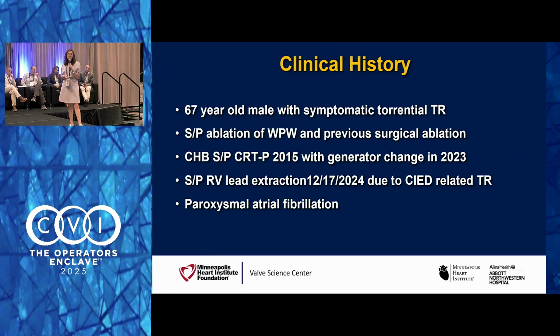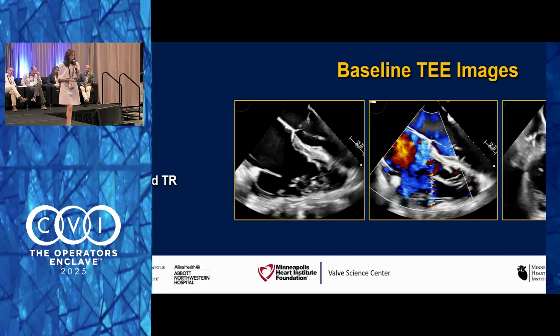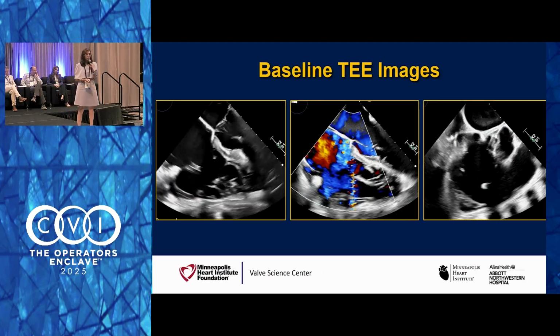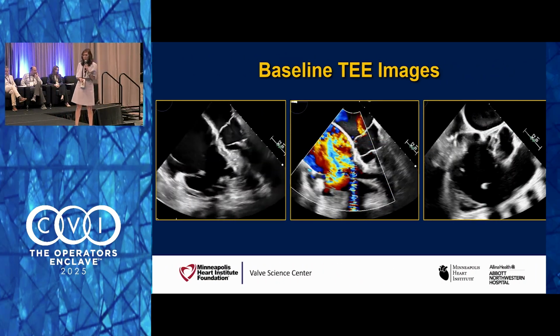So this is a 67-year-old gentleman with symptomatic torrential TR, had previous complete heart block, has CRT-P, generator change, lead extraction due to a CIED-related issue, really someone pretty young who has been through it, and paroxysmal AFib. And looking at his echo imaging, you'll understand why the surgeons do not want to touch him.